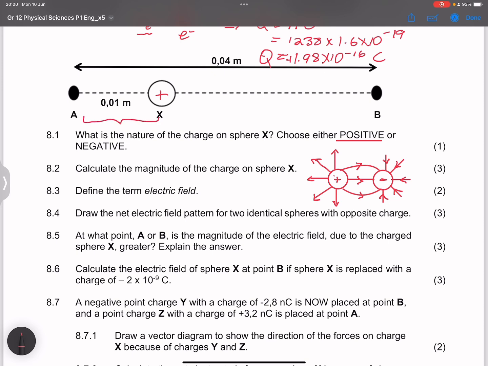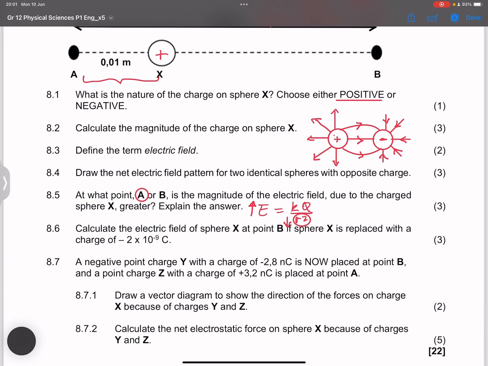They were asking about field, which is inversely proportional to the square of the distance, so definitely it will be at A. You can state that the field is inversely proportional to the square of the distance, so the shorter the distance, the greater that electric field.